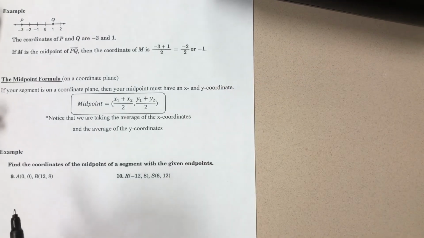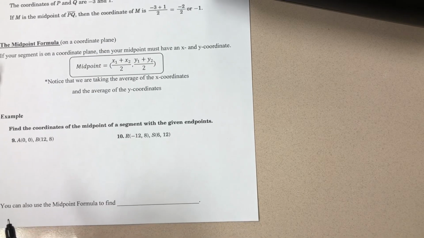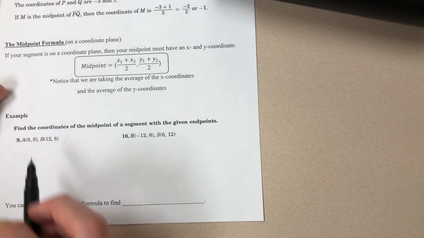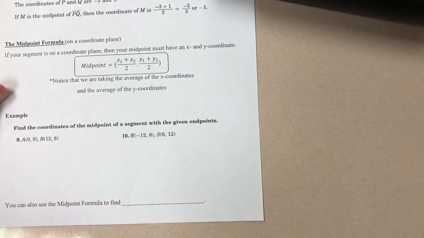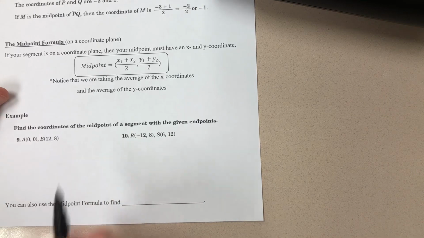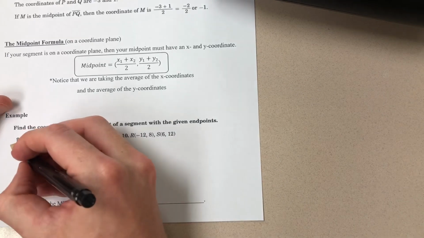So in our examples below, we are saying that A is at 0, 0, B is at 12, 8.